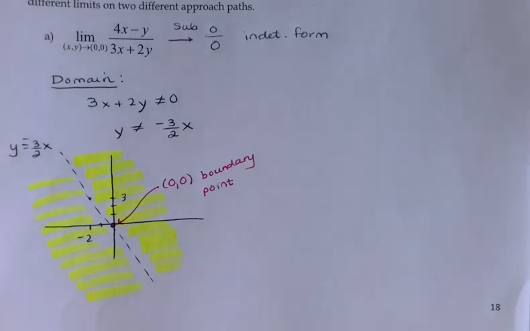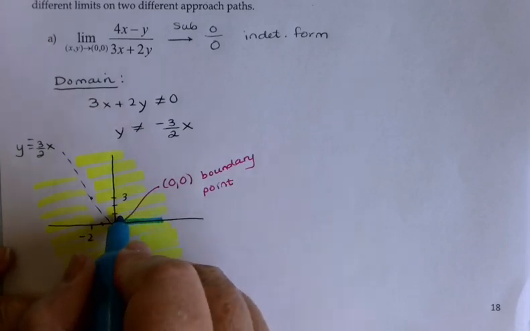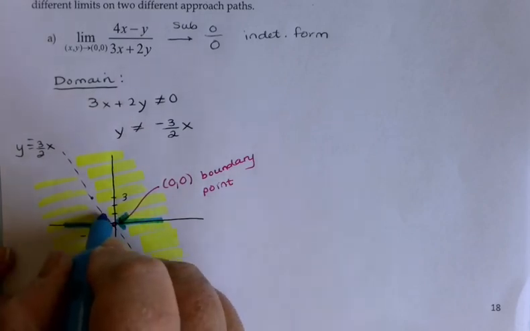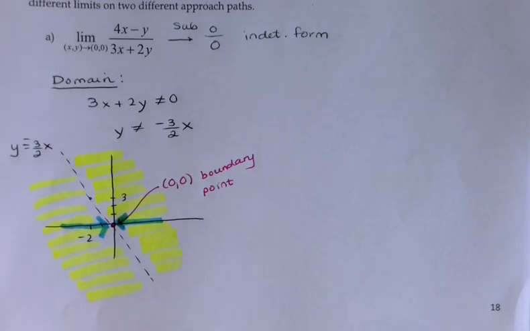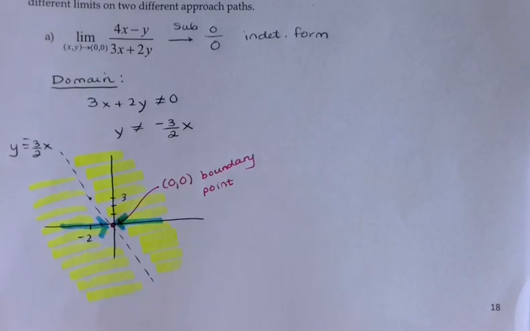All right, since this time our goal is to find two paths that give me different limits, I'm going to pick two ways to approach that point. First of all, let's say along the x-axis. So I'm heading towards the point 0, 0 along the x-axis.